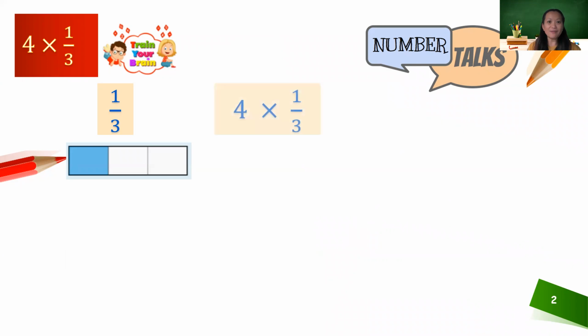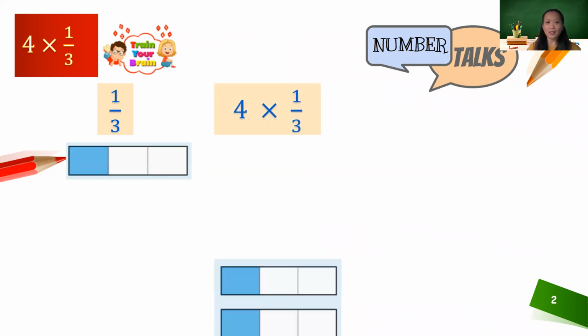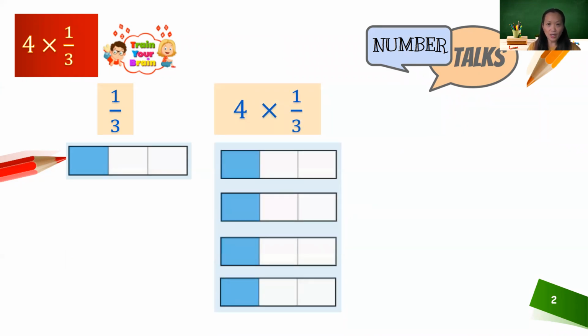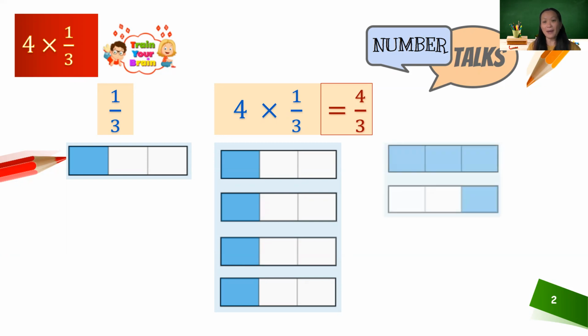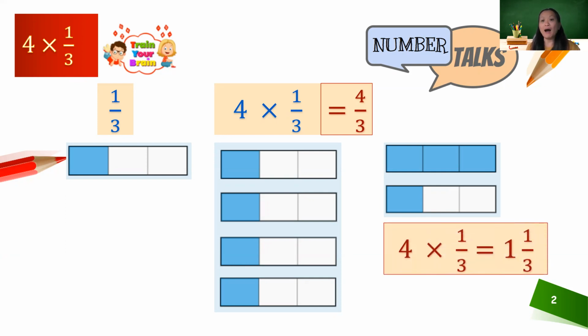Then 4 times 1/3 is 4 groups of 1/3, which is 4/3, right? Or if you think about putting them together and filling in the whole, then 4 times 1/3 is 1 1/3. It should be that easy mentally, right? Visualize and talk it out.